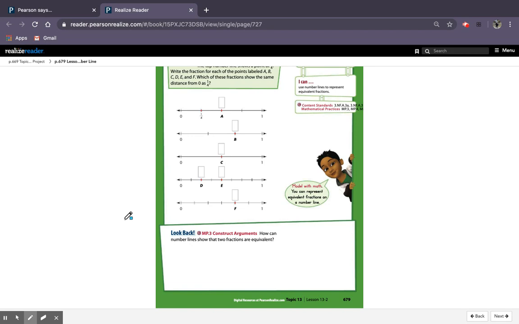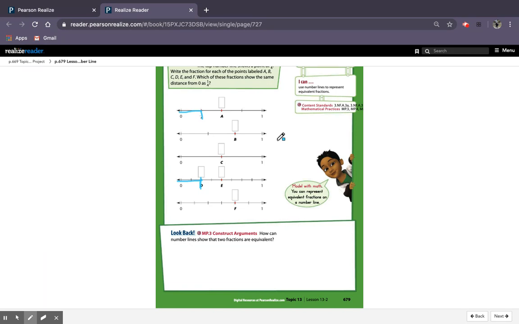So if the two fractions are the same distance from 0 and name the same point on the number line, they are equivalent. That's basically all we're saying: if they're the same distance from 0, so we know that our 1/4, I'm just going to go over that in the line, and our D point right here, which was the 2/8, they are both the same distance from 0 on their own number line.